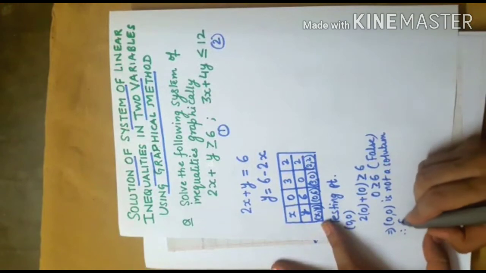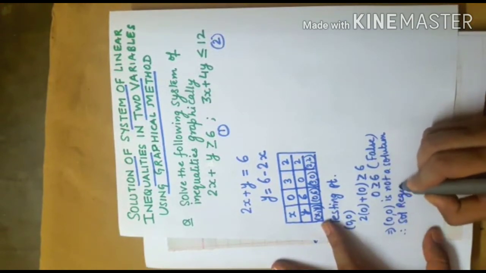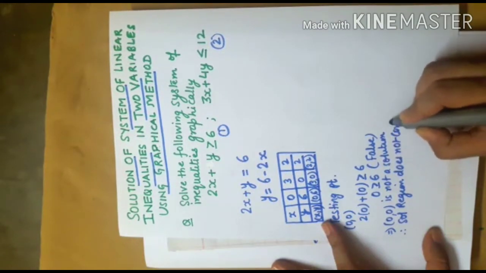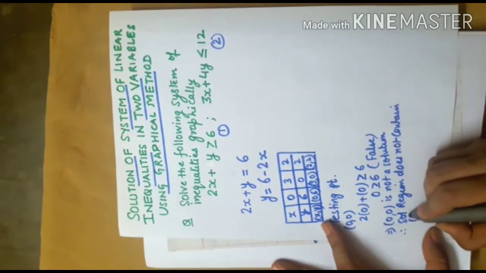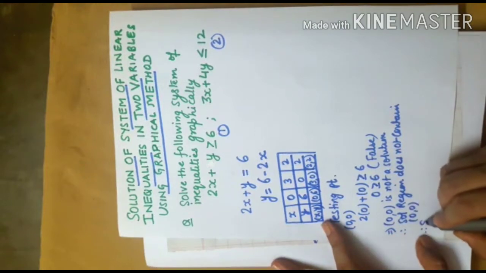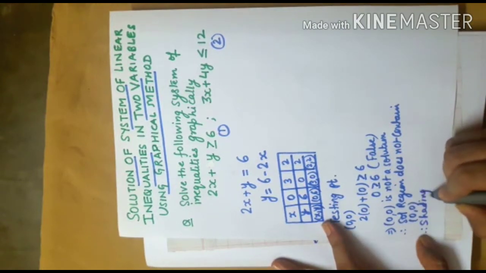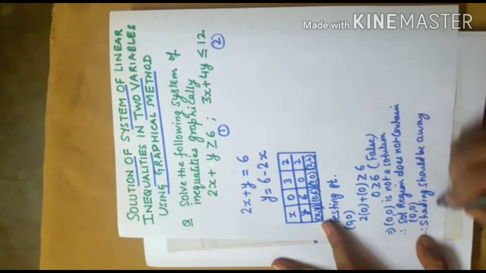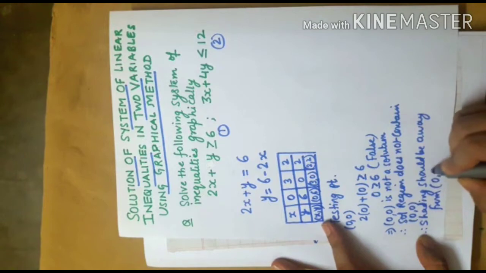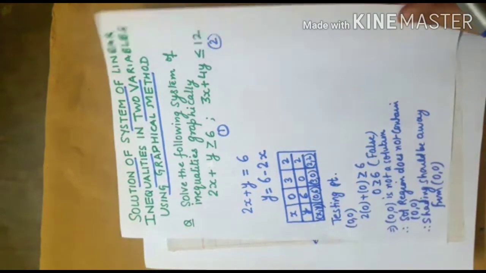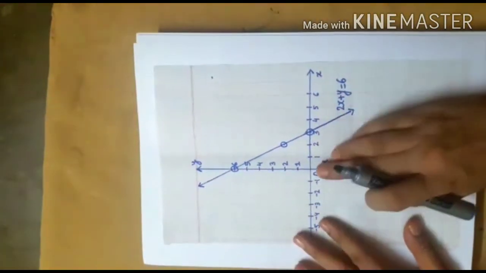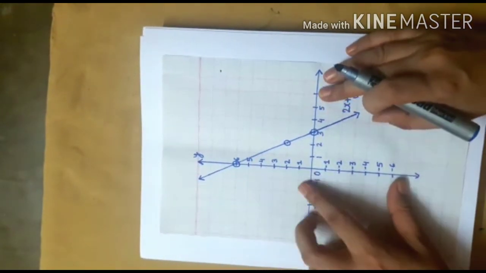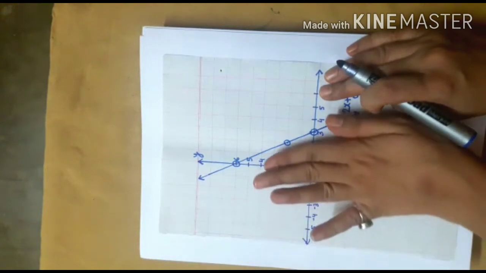Therefore, the solution region does not contain 0 comma 0. Therefore, shading should be away from 0, 0, our testing point. 0, 0 is not the solution. That means the solution region of the given inequality cannot be this.